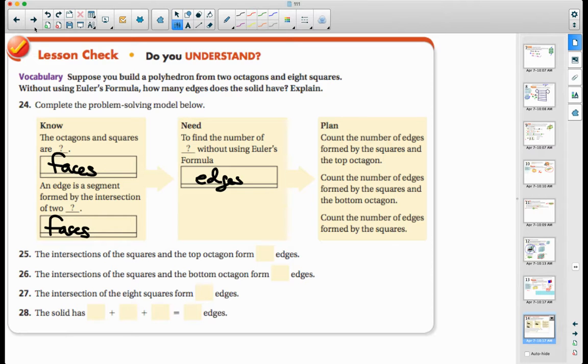Well, let's try to draw this actually. If I draw an octagon, now I'm going to try to draw it in 3 dimensions here. So let's see. There I have an octagon, and I want square sides like that.